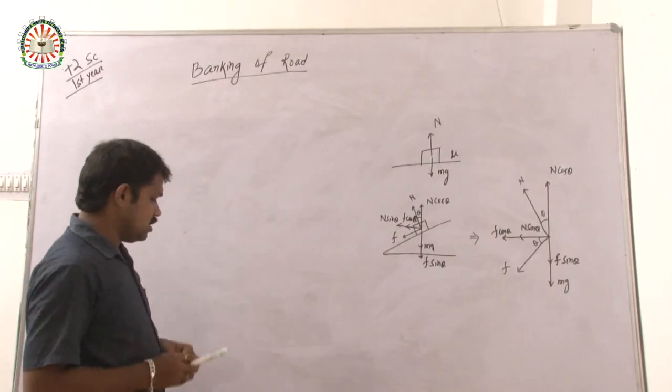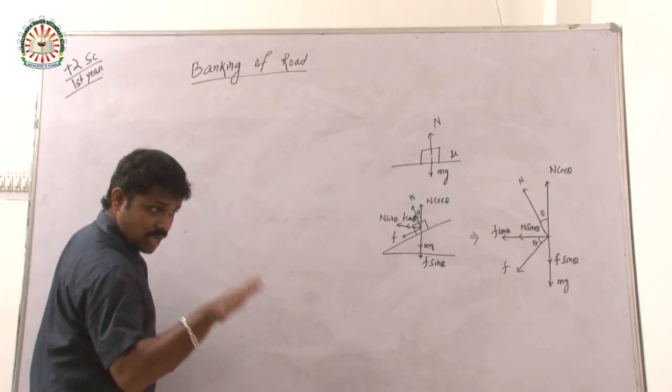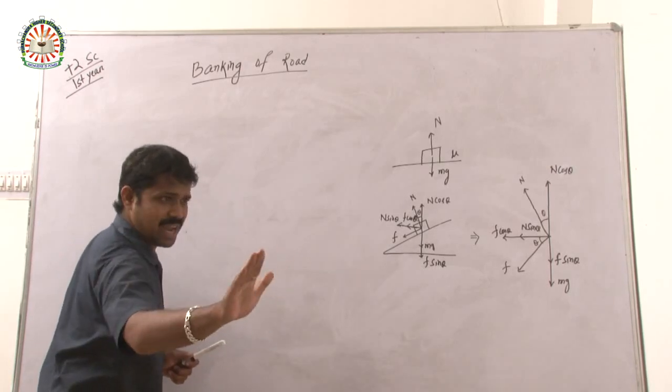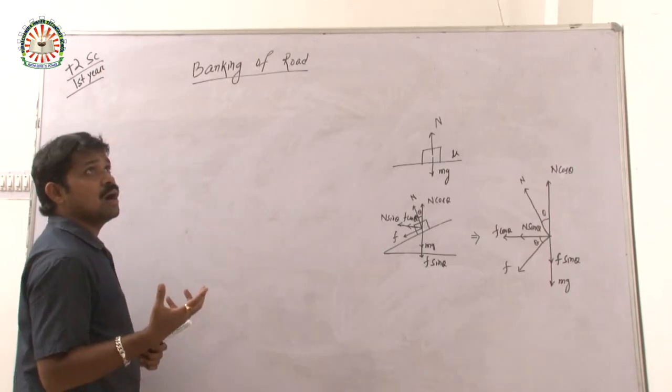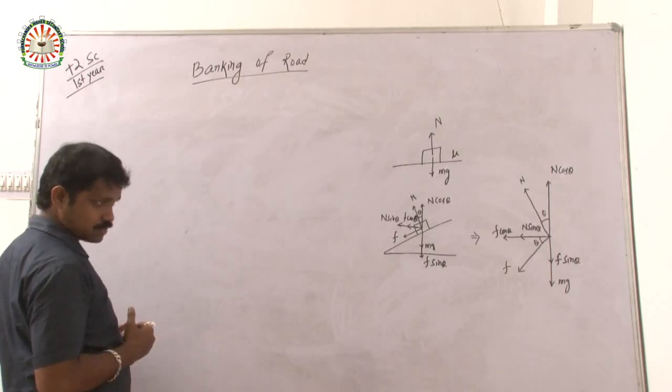So now in this type of curved path, it is a horizontal path, a curved path, but it is horizontal, it is not a banked one. So what is the main disadvantage we will get?